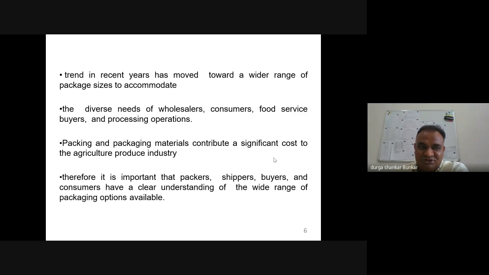Sometimes people consider a low price food to be low quality, instead of a higher price product. So that is a perception. We have to minimize it by reducing the cost. Therefore, it is important that packers, shippers, buyers, and consumers have a clear understanding that a wide range of packaging options should be available.